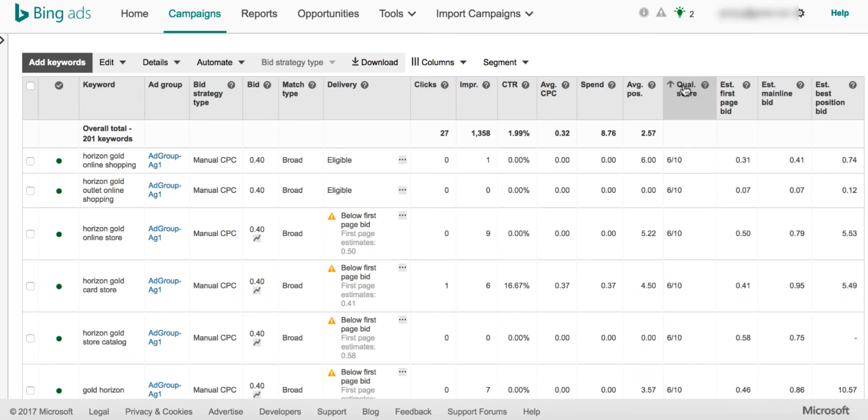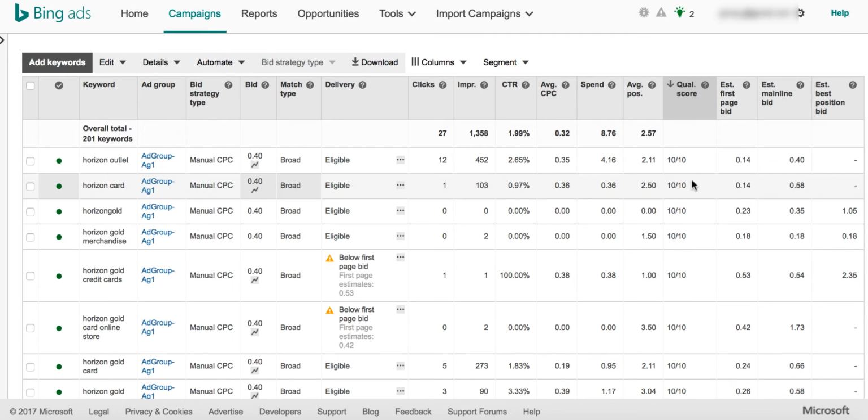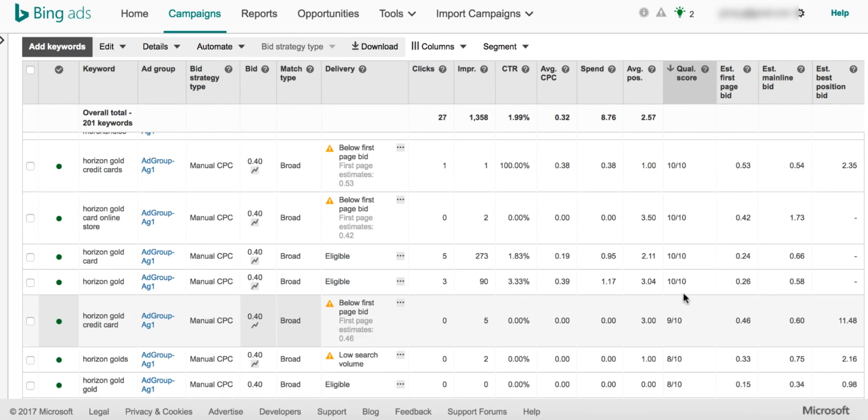If I sort by quality score from high to low, I have a good number of keywords with a high quality score, which is again a very good sign, guys. If you have a good quality score for your keywords, that is going to help you when you increase your bid rates. It helps you get your ad in a higher position at a much lesser rate over a period of time.